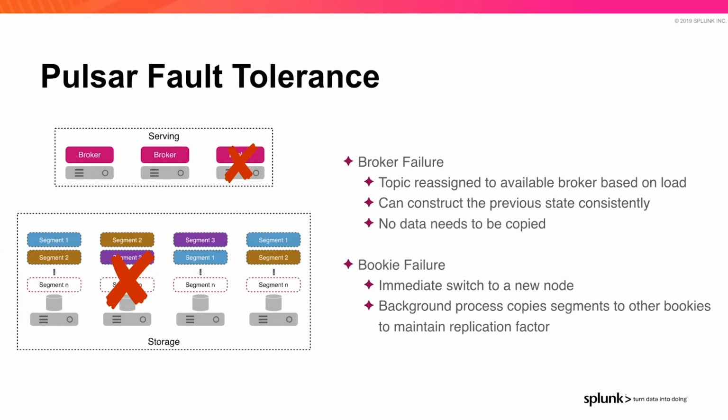Because of the capabilities of the segment architecture, the write availability of the system is very high, in the sense that as long as any 3 bookie nodes, or 3 storage nodes, are available for a replica factor of 3, it will continue to keep writing that data without losing it.